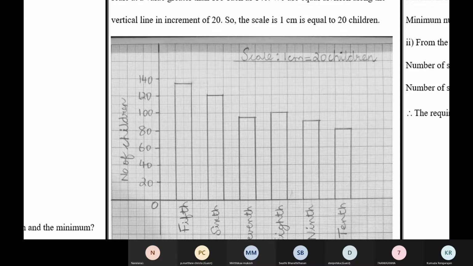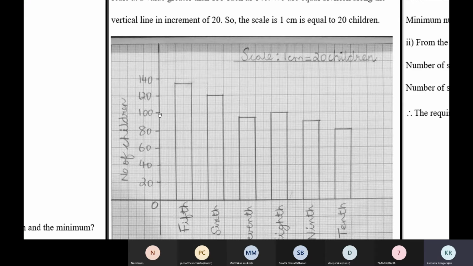Ma'am, for 80 to 100, also 82? Correct, we'll count. After 80 it will be 82, 84, 86, 88, 90, 92, 94, 96, 98, 100. Did you reach 100 correctly? Yes, ma'am.